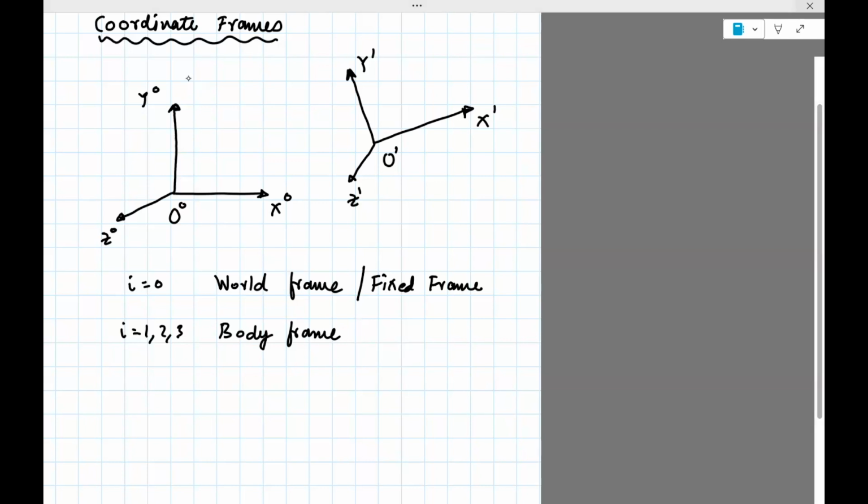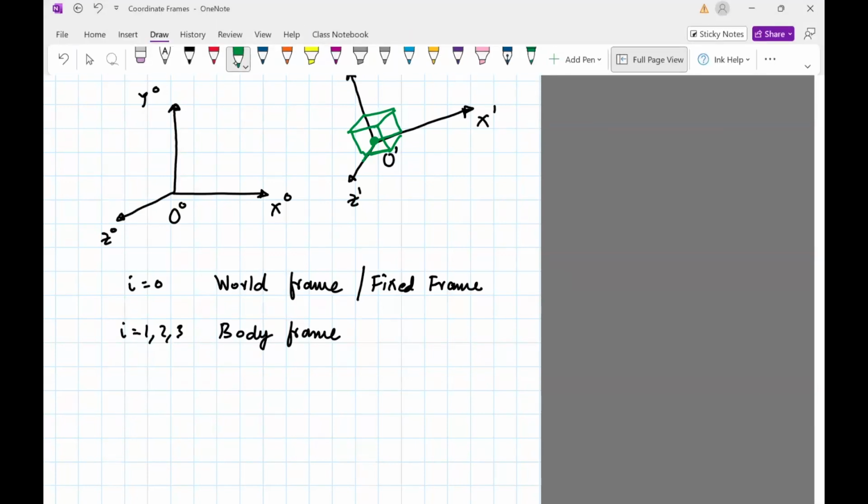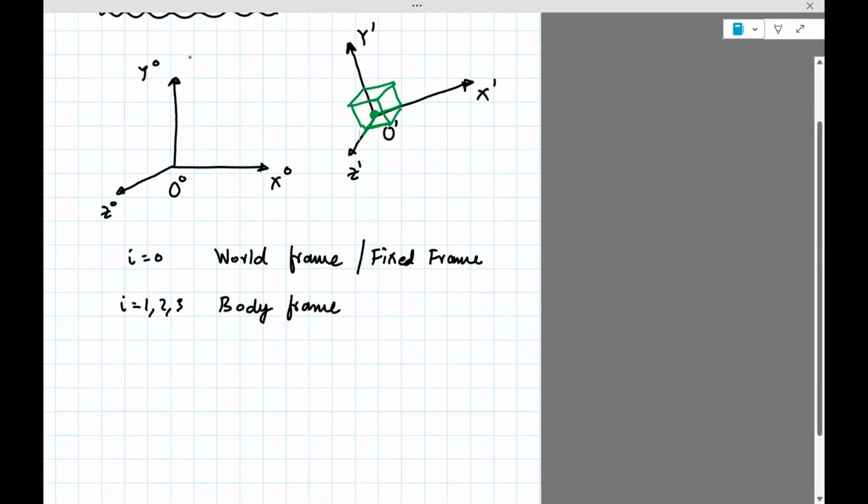So what I mean by that is, if I have a rigid body like this, I am going to put one of the corners at the origin, and when the body moves, that frame will actually move. It's also called the body frame or the moving frame.